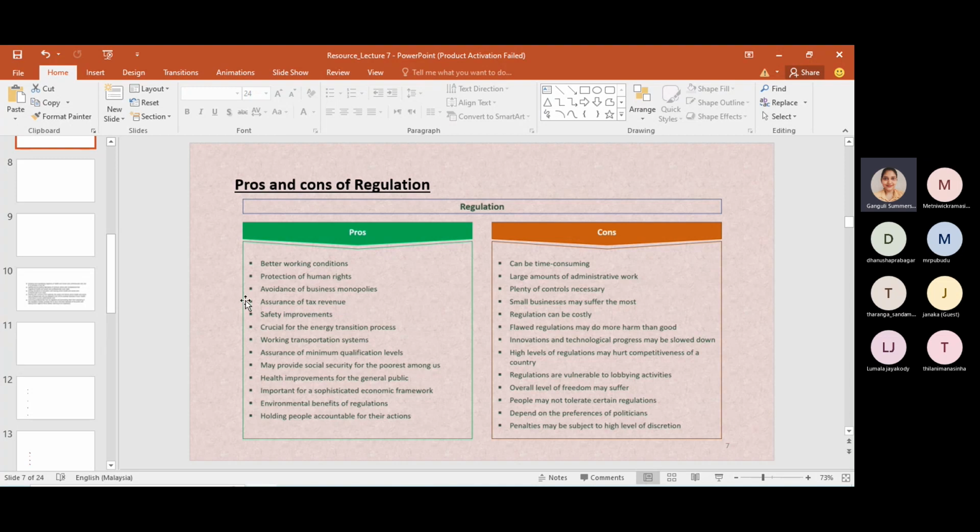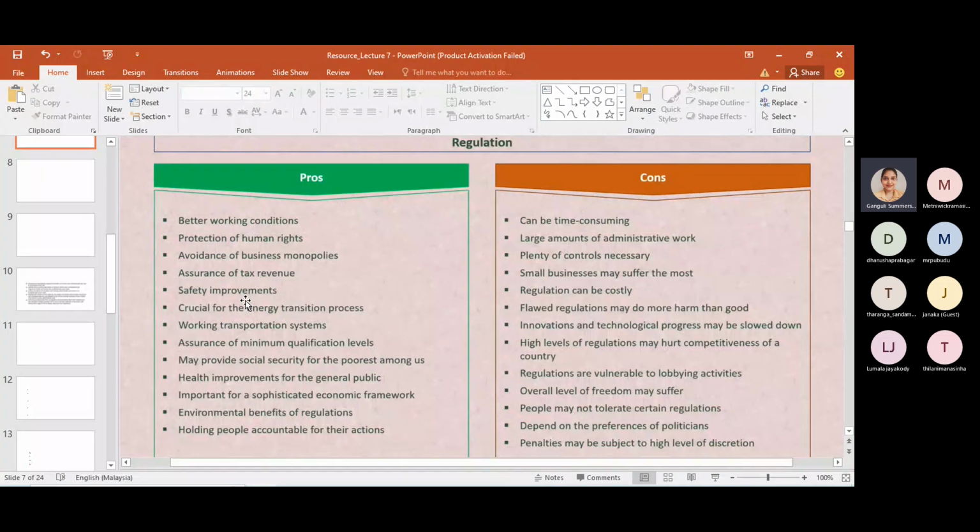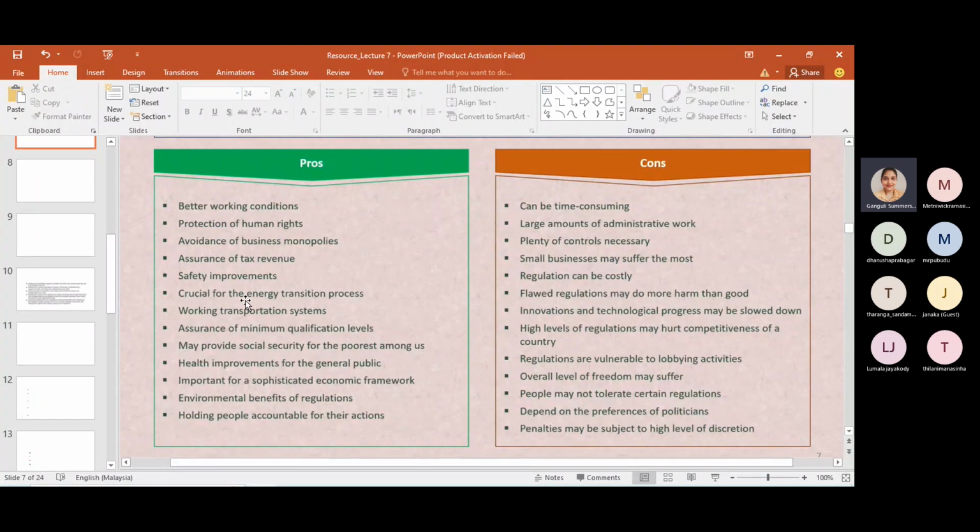Okay, so here in this green box you can see the advantages. Regulation helps to provide better working conditions, protect human rights, and assure tax revenue, and safety is improved.